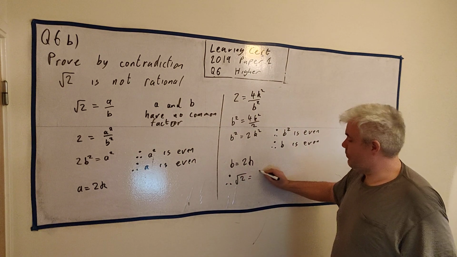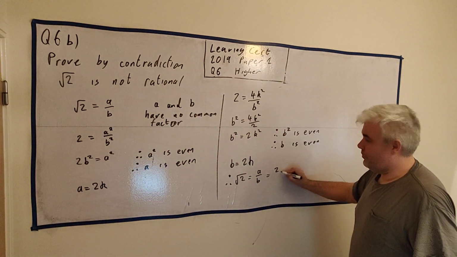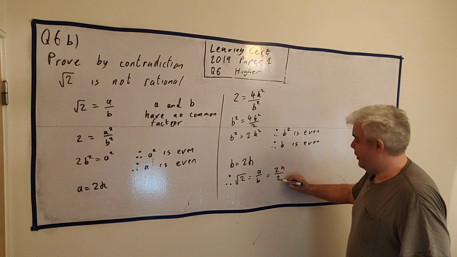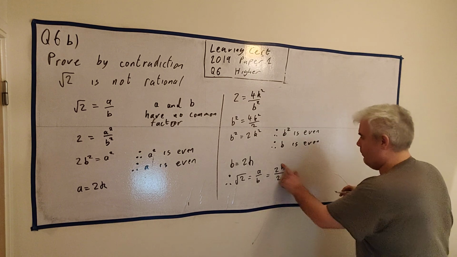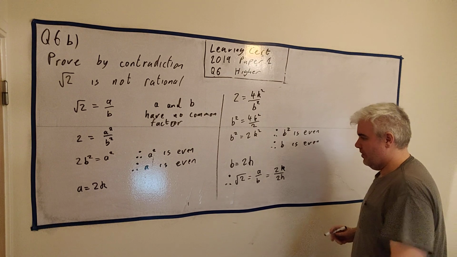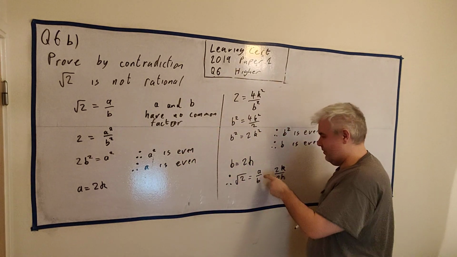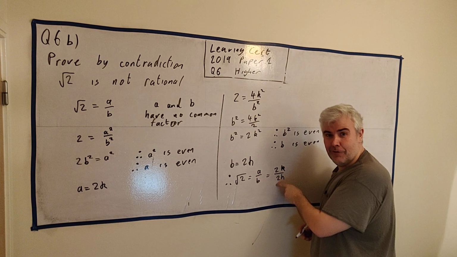So therefore, square root of 2 is equal to a divided by b. That's what we started with, which is equal to 2k divided by 2h. Oh, wrong way around, I'm sorry. So we said no number divides them both, no number is a common factor. Well, 2 divides them both.